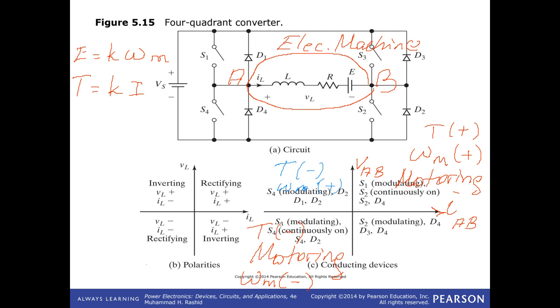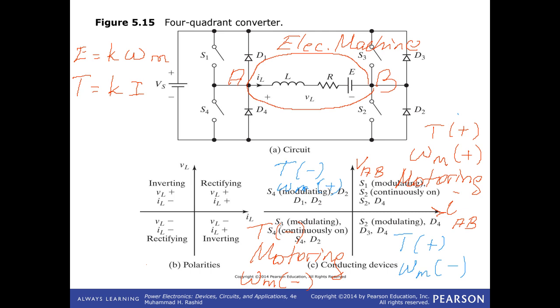For this case, however, the motor is rotating in a different direction. Current is positive. If current is positive, torque is positive. Torque is positive, but omega mechanical is negative.